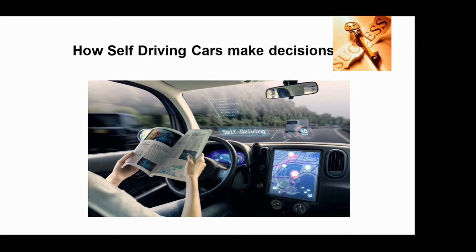Because this is regarding machine learning, how do these cars make decisions, what are the various objects in front of this self-driving car, and how can this car successfully run at night if the light is dim.